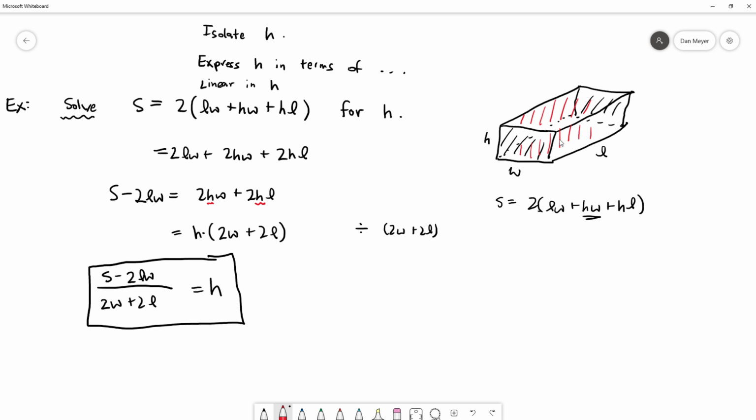Length times width would be the area of the top and the bottom. Height times length would be that side and this side back here. So 2 times height times length would be those areas. This gives us the surface area of this box. That's what this formula gives you.